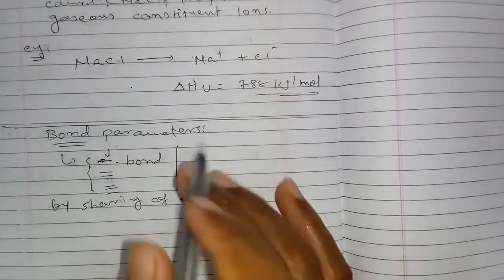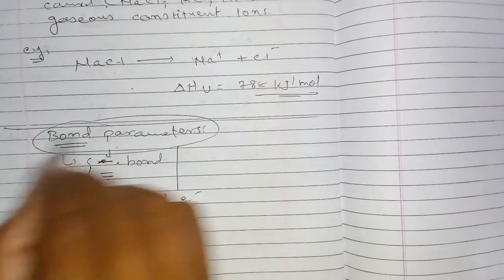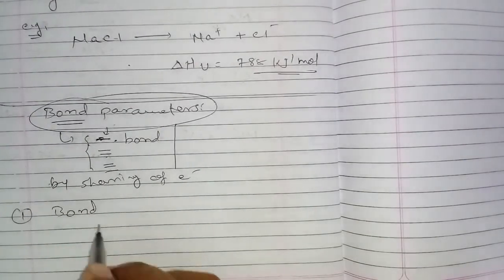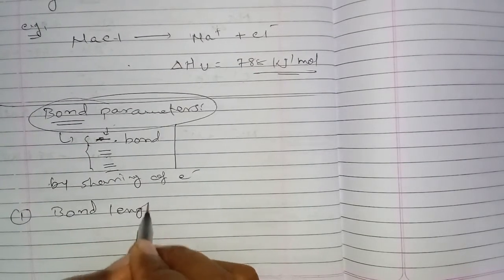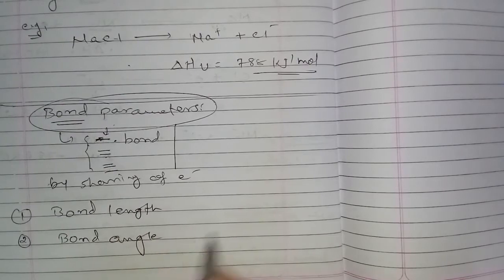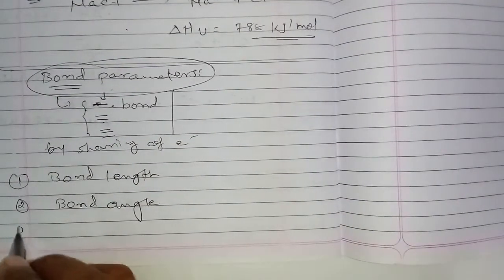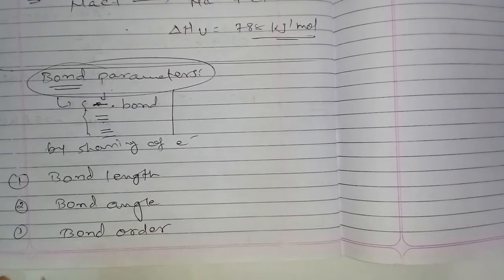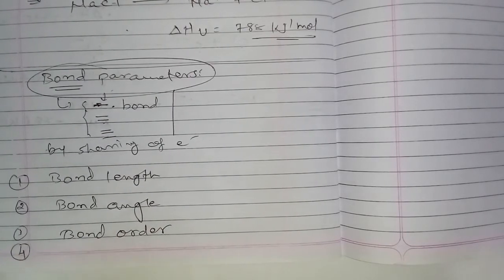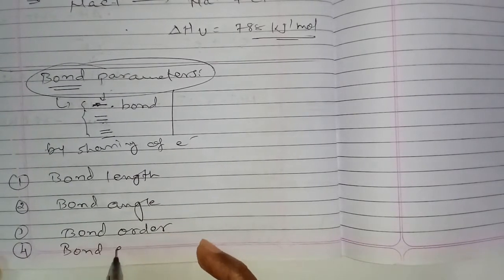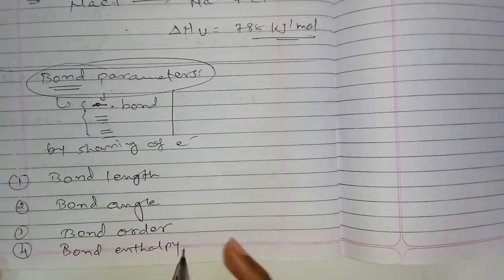Basically, there are 4 bond parameters. Number 1, bond length. Number 2, bond angle. Number 3, bond order. And number 4, bond enthalpy.